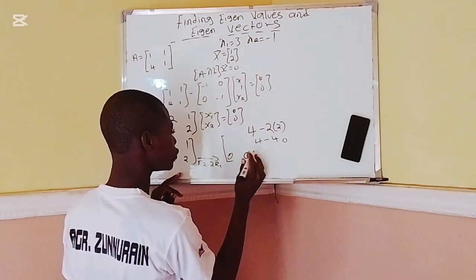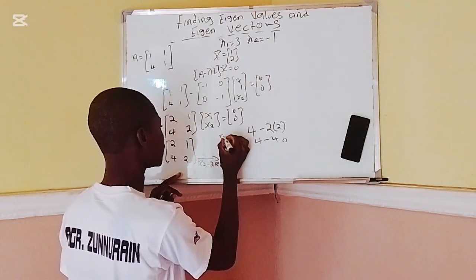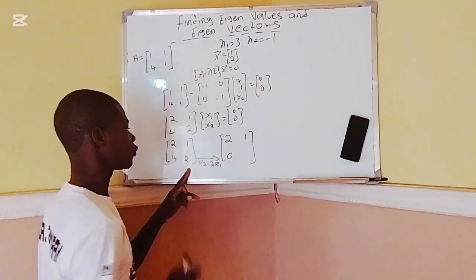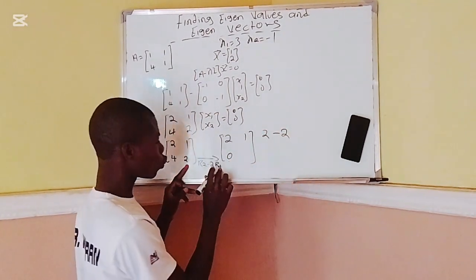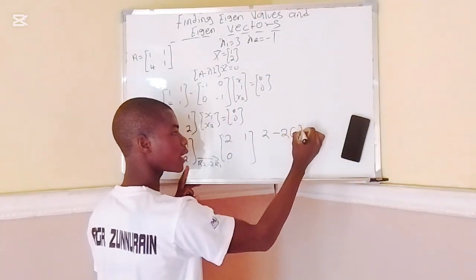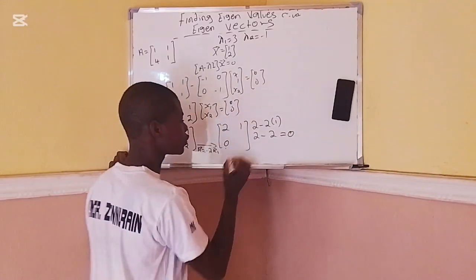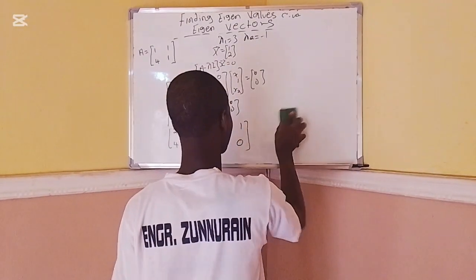So the first entry is 0, and this will keep the way it is, which is 1. So let's check for this. Row 2, which is 2, minus 2 row 1, which is 1 multiplied by 1. 2 minus 2, which is 0. So therefore, we want the 0, so we keep the 0.